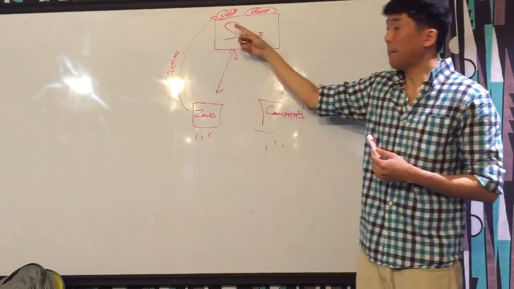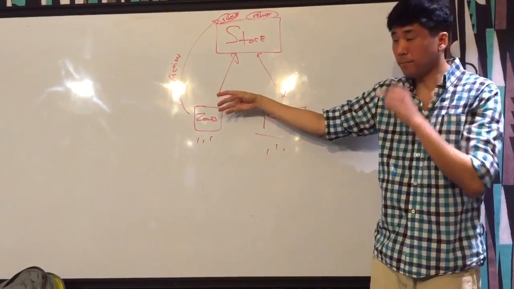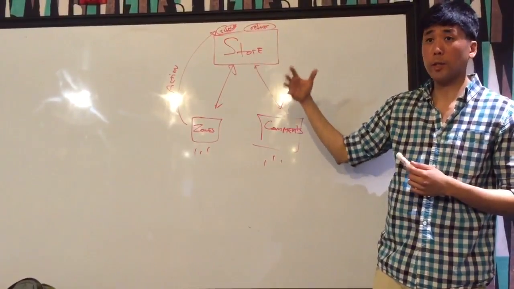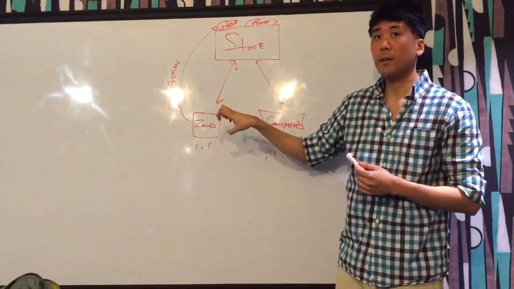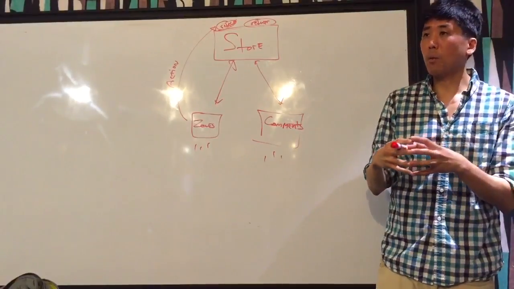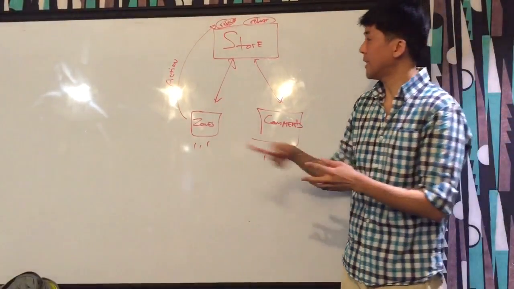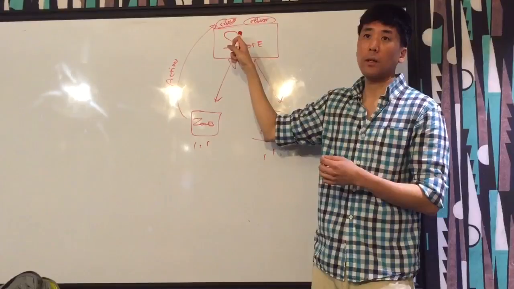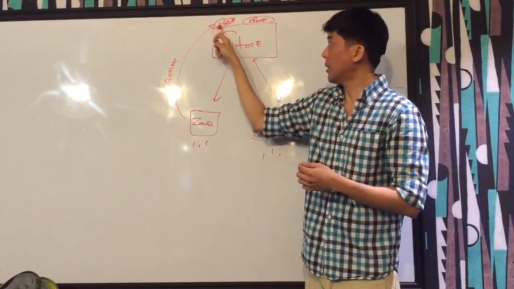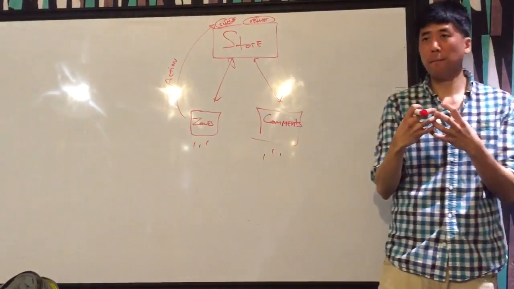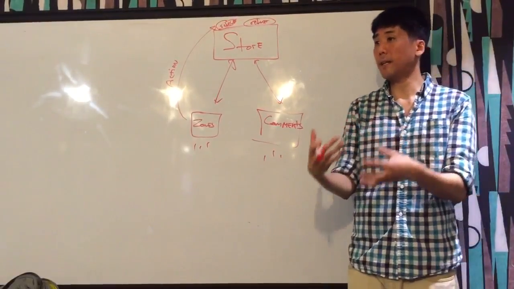So when the API returns data, we make the API call. We get a bunch of data. We take that data, we package it inside what's called an action. We send that action back to the store. The reducer then takes it and updates the state.